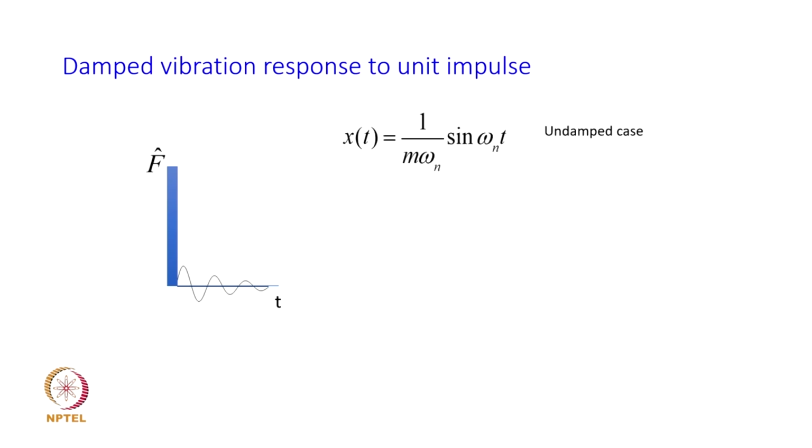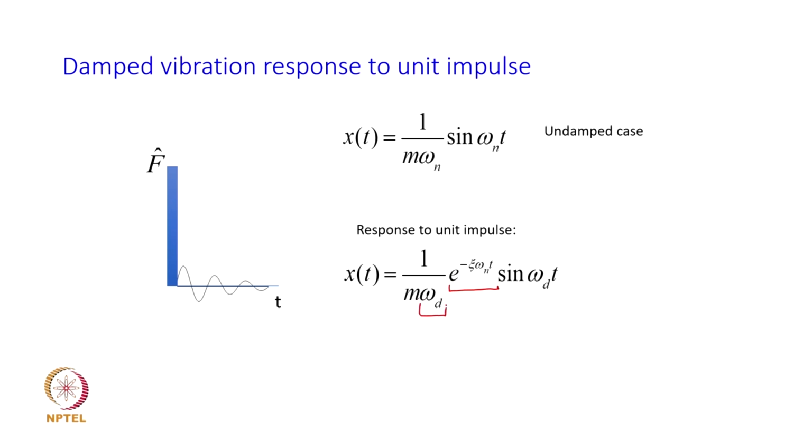This is the expression we already have for an undamped case, but for a damped case we already know that the exponentially decaying quantity has to appear, and that really has to be part of the solution process.